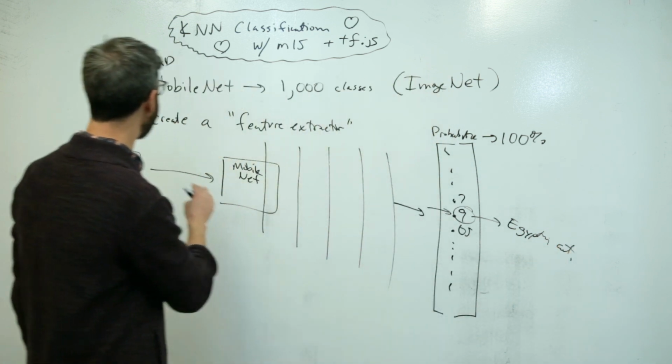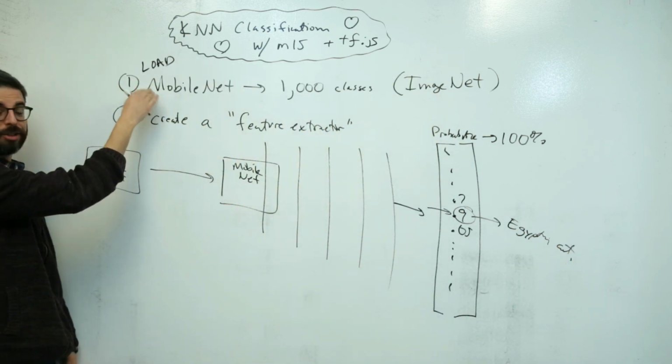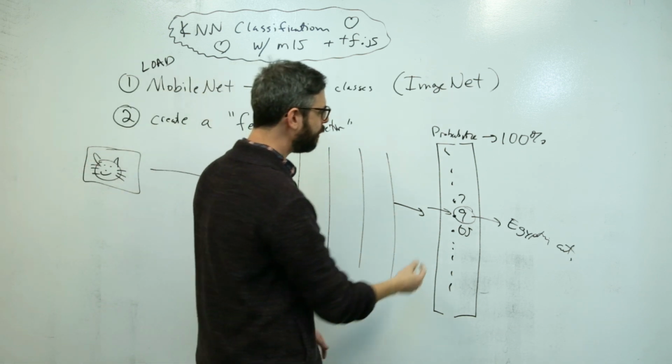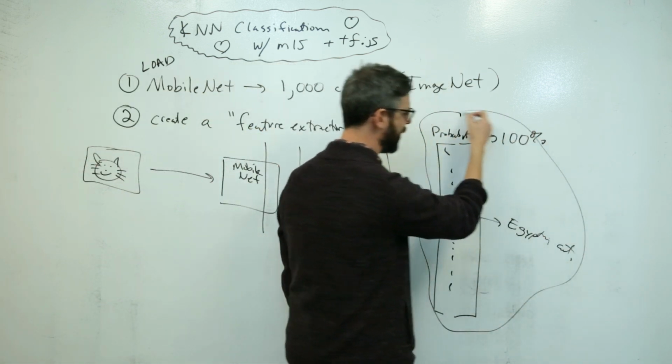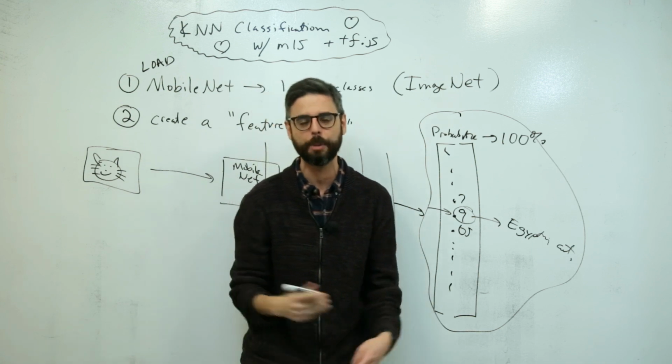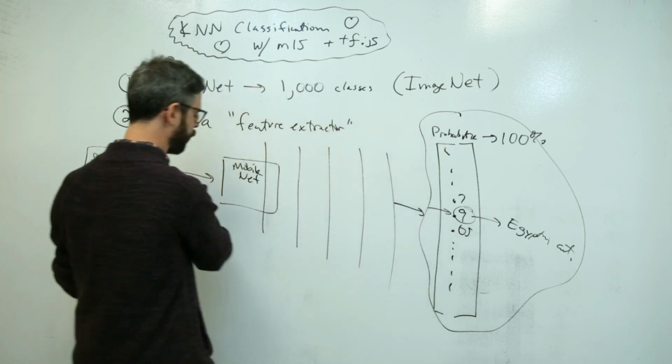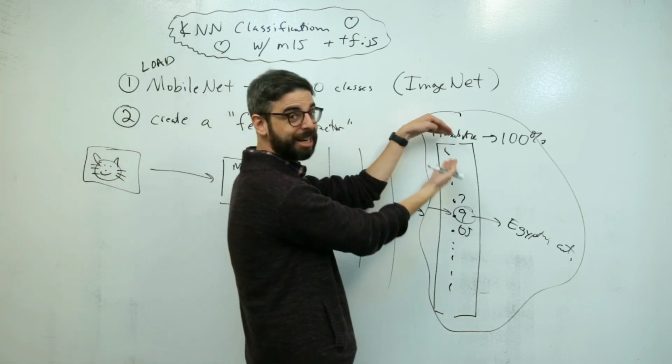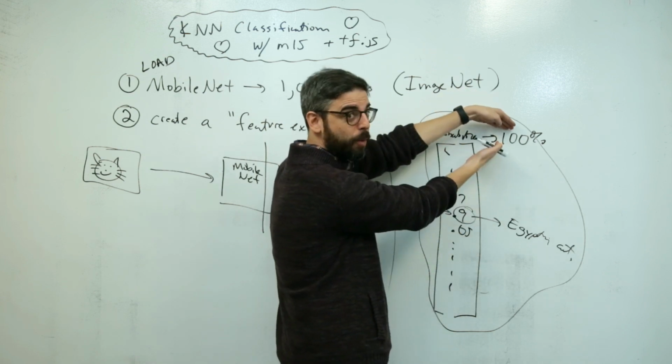So this is what MobileNet would do on its own. But this stage is called the softmax stage. Softmax is a fancy term for normalizing the output of all of this process to a set of probability values that all add up to 100%.